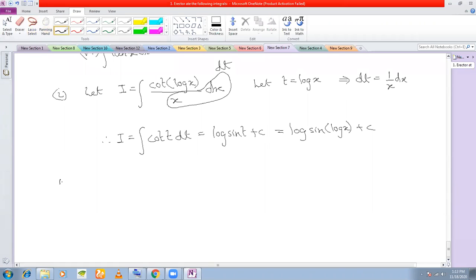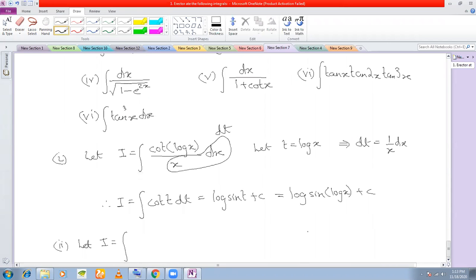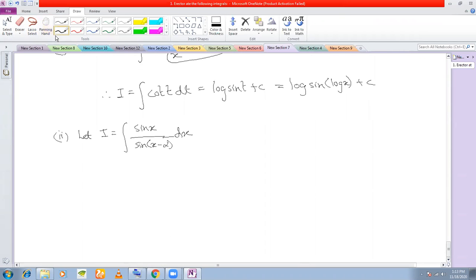Number two. Let I be the integral of sin x by sin(x minus alpha) dx. Integration is very easy if you remember the formulas, and if you are good with differentiation.